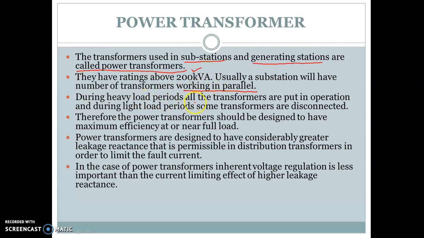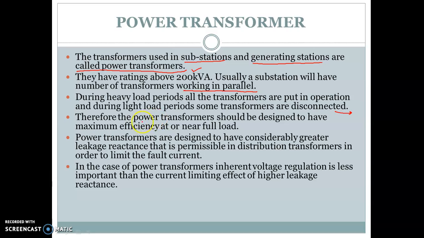During heavy load period, all the transformers are put in operation. When load is very high, all transformers will be operating, and during light load period, some transformers are disconnected. This is possible for power transformers, but for distribution transformers, either load is there or not, every time it has to operate.